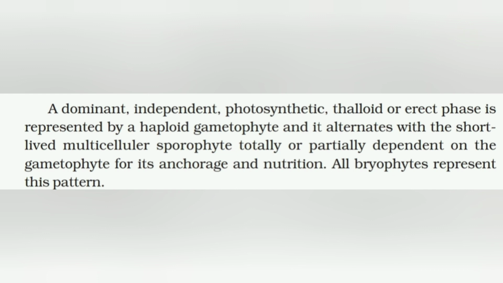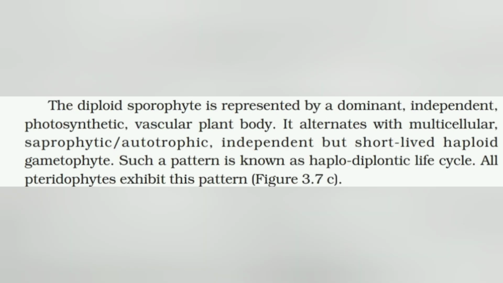This is seen in all bryophytes, while in pteridophytes the diploid sporophyte is represented by a dominant independent photosynthetic vascular plant body which alternates with a multicellular saprophytic autotrophic independent but short-lived haploid gametophyte. This is known as the haplodiplontic life cycle.